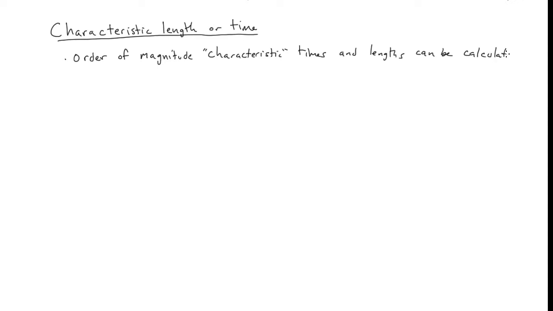So the basic idea is that order of magnitude characteristic times or lengths can be calculated using the expression x squared, so distance squared, equals 4 times diffusivity times time.